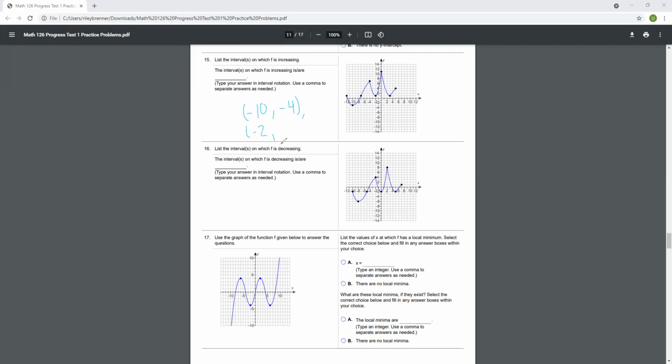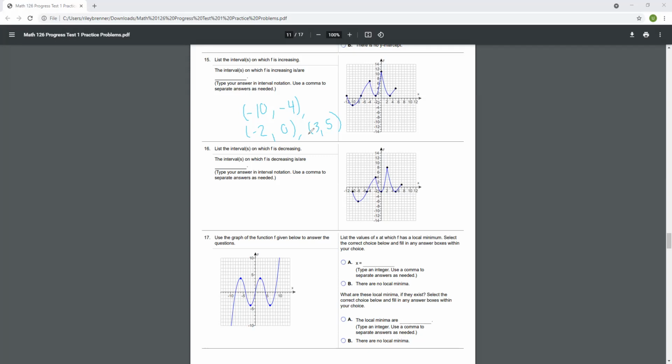Then I have negative 2 to 0, and then I have 3 to 5. And generally how I've seen these problems on exams, or even on homework, is that the increasing and decreasing are usually for the same problems. So when you line them up, they should meet each other exactly.